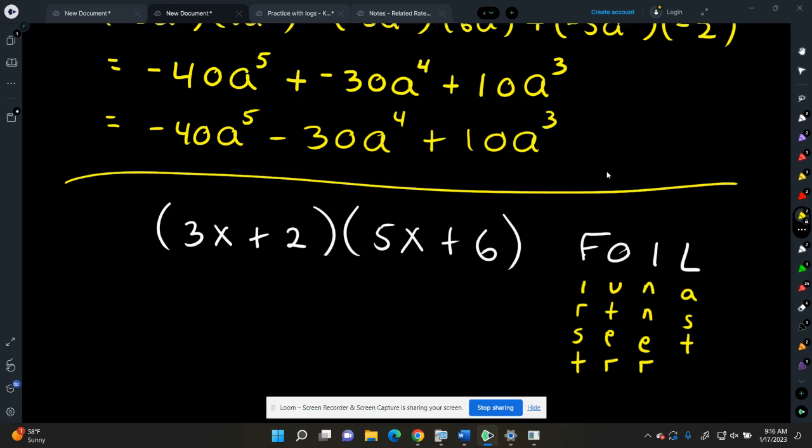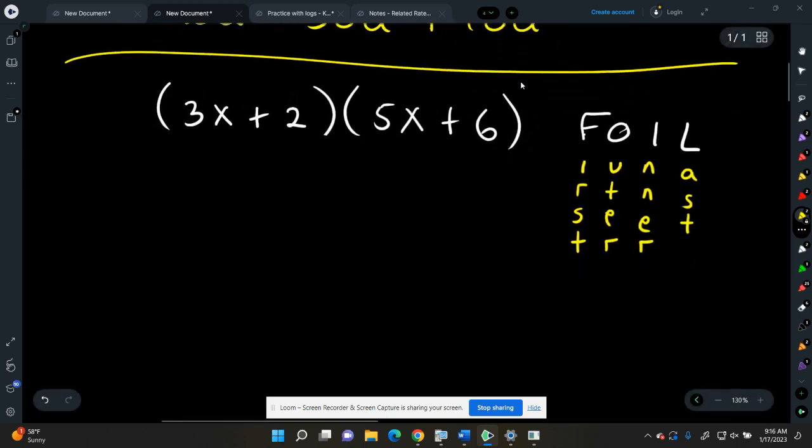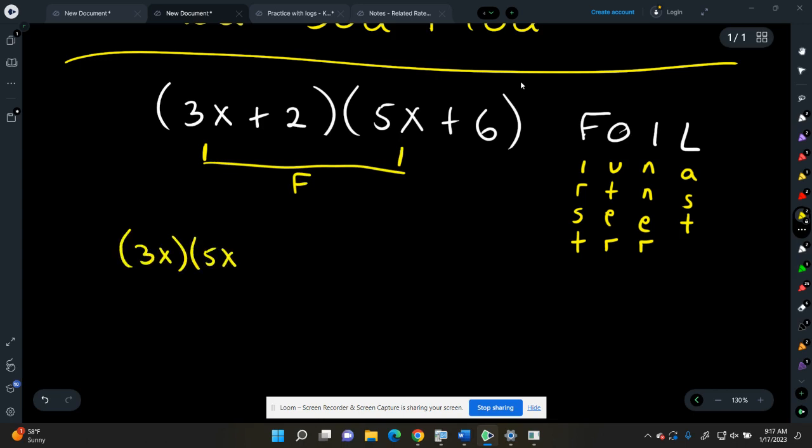Right. So if I look at the two parentheses, what's the first term in each parenthesis? What's the first term in the first parenthesis? The 3x. What's the first term in the other parenthesis? 5x. So here's my first term. This is my F. So we're going to do 3x times 5x first.